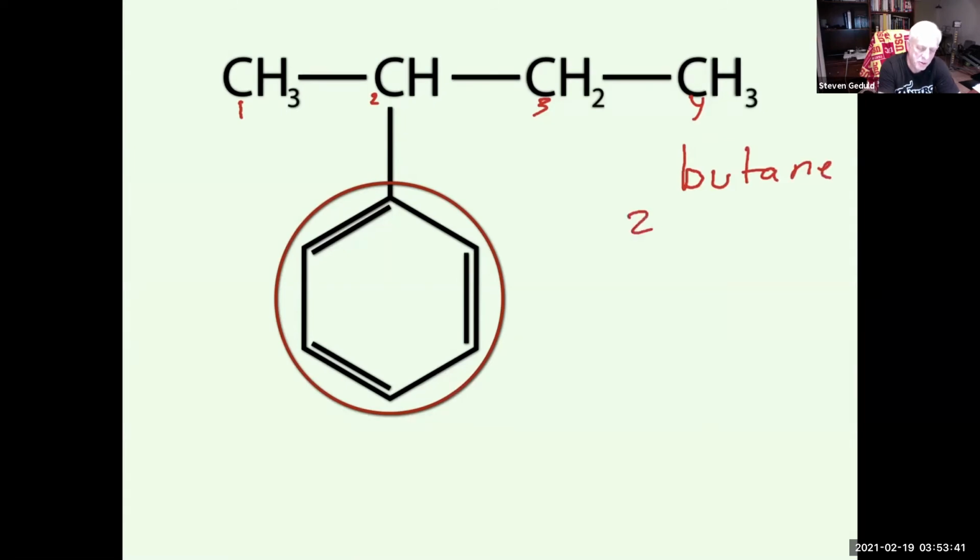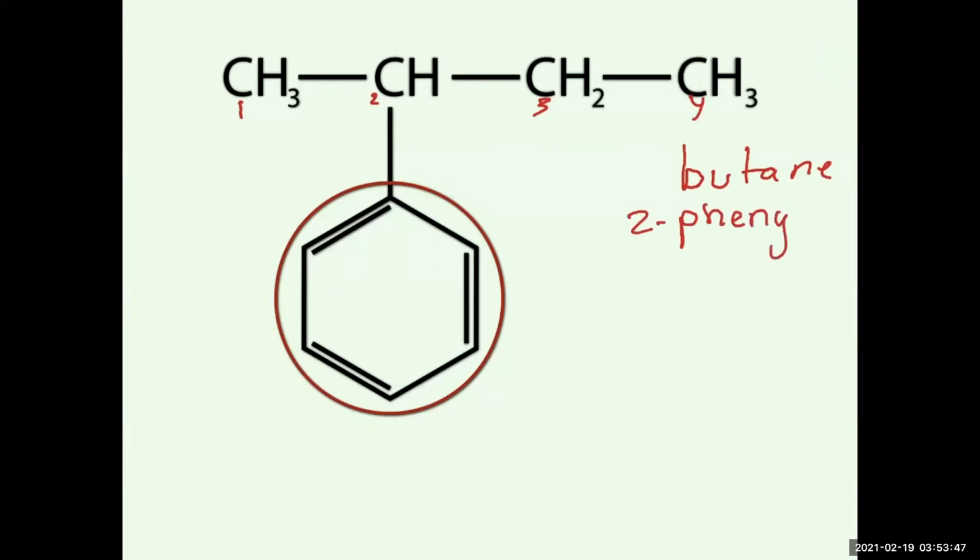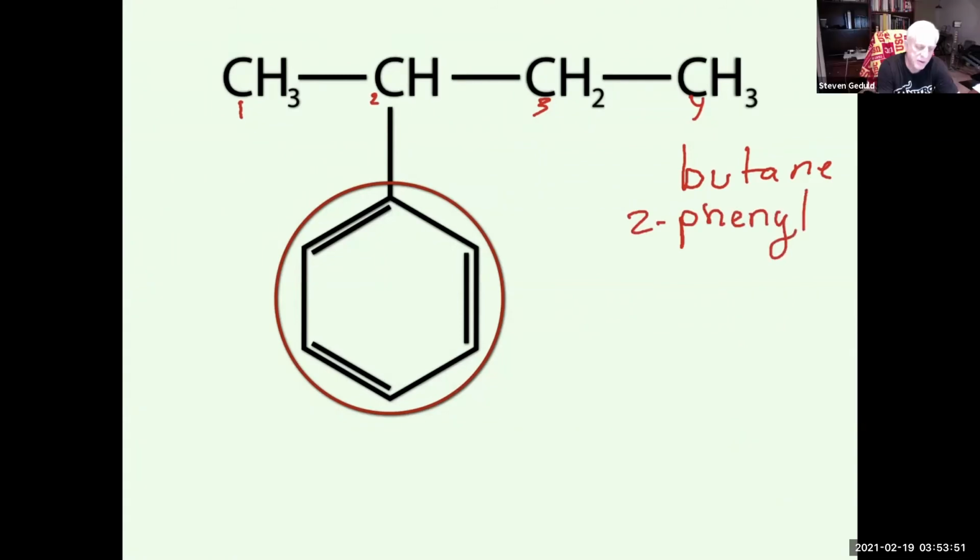And at number 2, there's an attachment. What's that attachment called? Phenyl. It's called a phenyl group. So put that together: it's 2-phenylbutane. All the information is in the name. It tells you they're single bonds, butane is 4 carbons, and there's a phenyl attachment at the number 2 carbon.